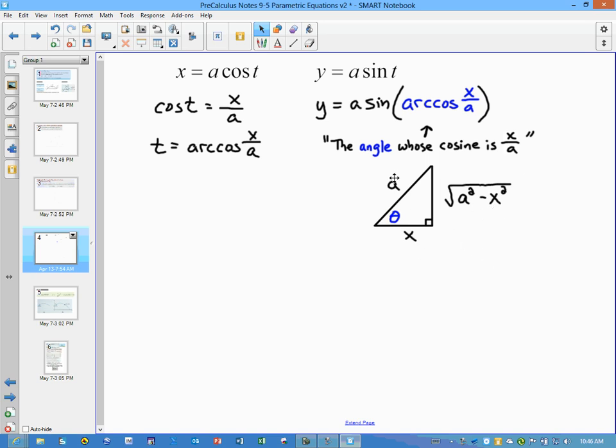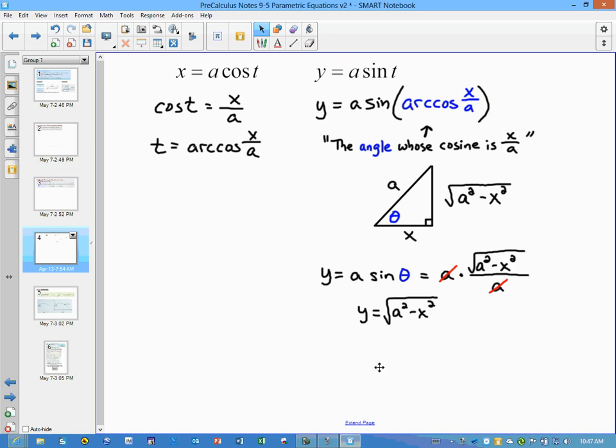And now, since I can find the sine of that angle, y equals a times the sine of this angle, which is opposite over hypotenuse, or the radical over a. So I can substitute that in. So y equals a sine theta now becomes a times the radical over a. And conveniently, the two a's cancel themselves out. So we get just y equals that radical.